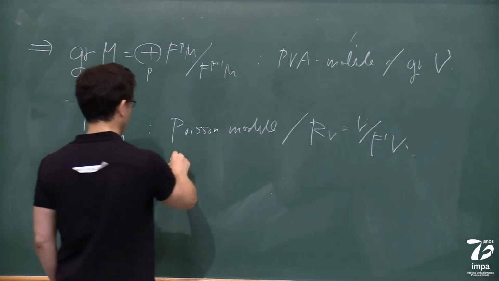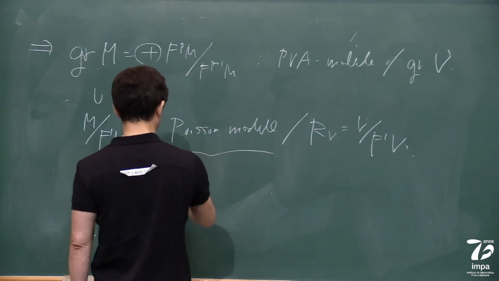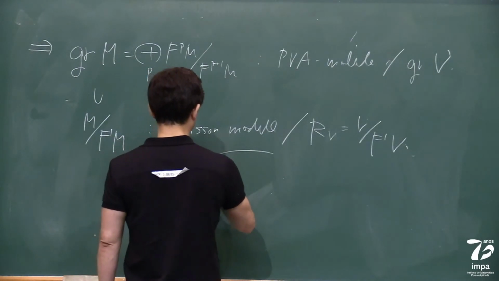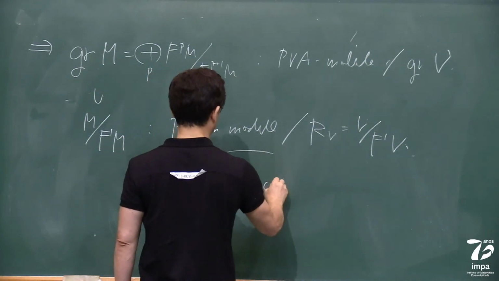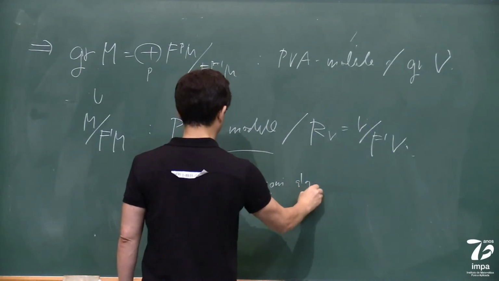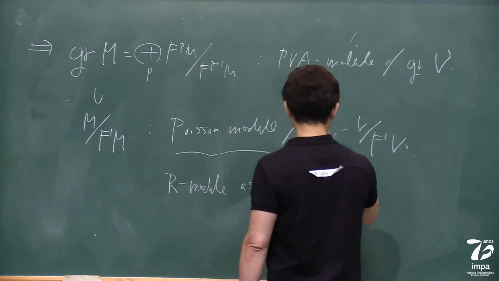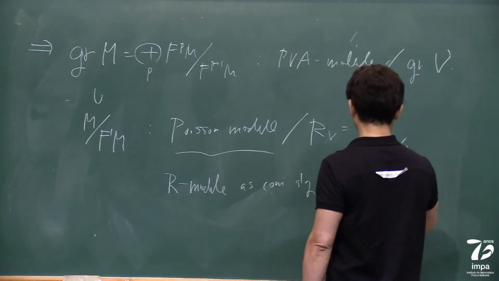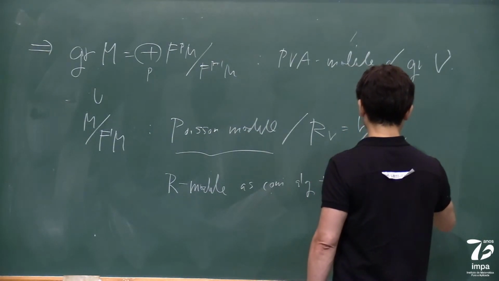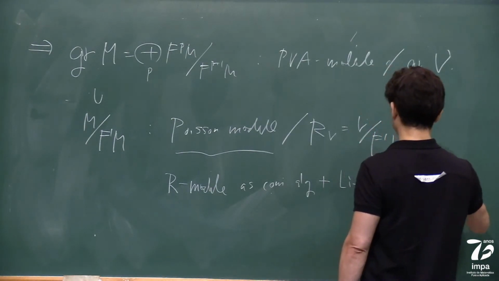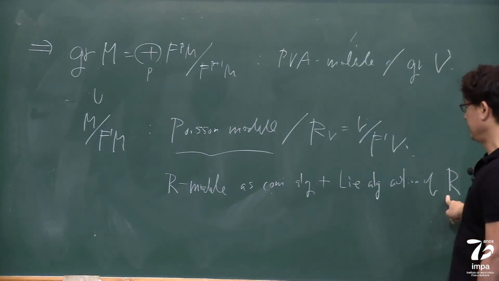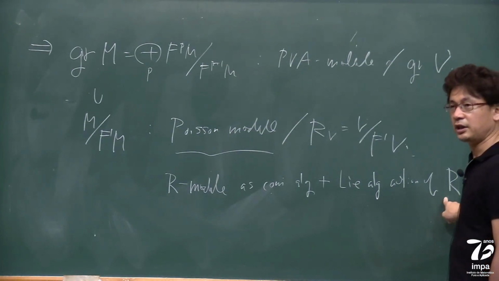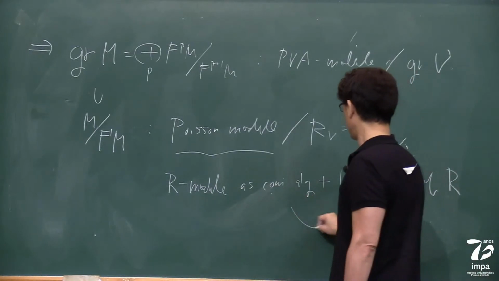A Poisson module is an R-module as a commutative algebra, also equipped with a Lie algebra action of R. R is a Lie algebra by the Poisson bracket, so you can talk about a Lie algebra action of R, and these two actions are compatible.